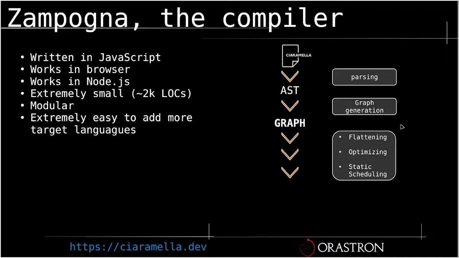On this graph, the compiler performs some flattening, so that when you instantiate a composite block inside another, it takes care of that and tries to optimize if possible. And it performs some optimizations that are domain specific.